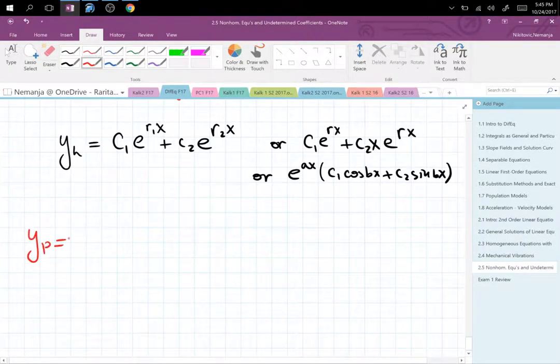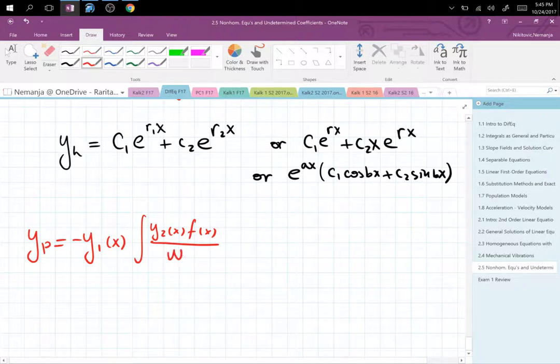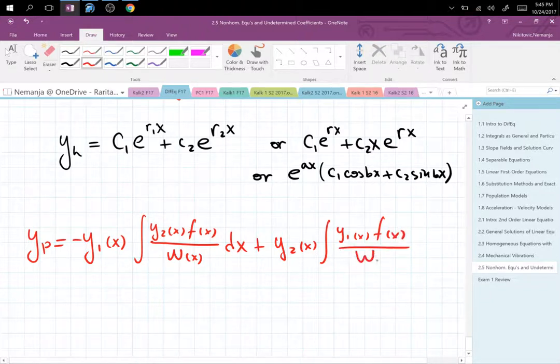And the formula for this is negative y1 of x times the integral of y2 of x times f of x divided by the Wronskian of x dx, plus y2 of x times the integral of y1 of x times f of x divided by the Wronskian of x dx.